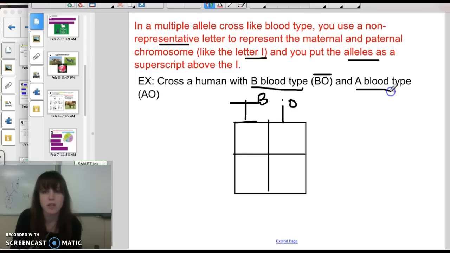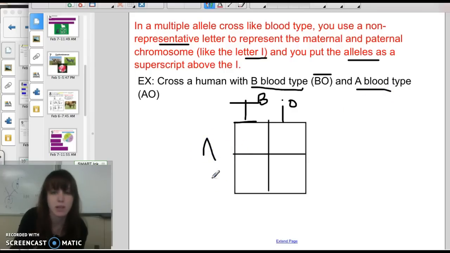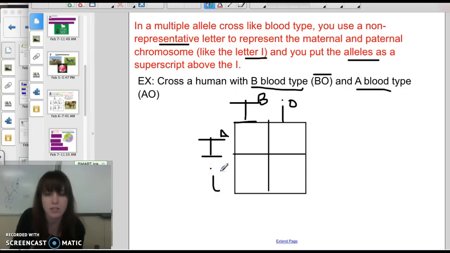And we're going to cross it with an A blood type, but they're heterozygous A. Oops, I did this wrong, right? We've got to represent it with an I first. So I represents the chromosome. It's a dominant chromosome because it's A. And then it's heterozygous, meaning it has a recessive chromosome with the O blood type.